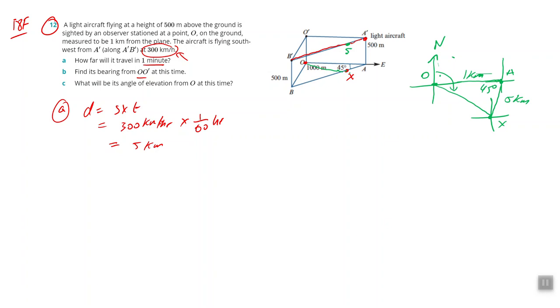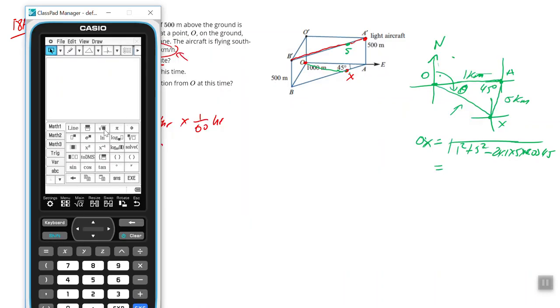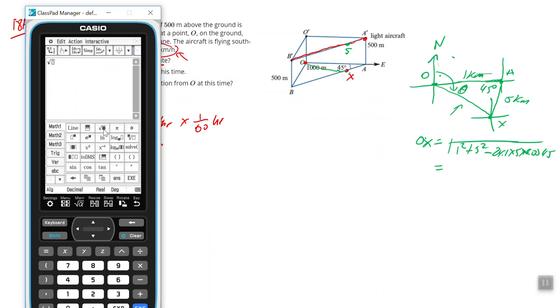In order to calculate theta, I need to use the cosine rule twice, because I first need to figure out the side OX. OX is given by the cosine rule: 1 squared plus 5 squared minus 2 times 1 times 5 times cos of 45. You can cheat and use the geometry tool, but I'm going to use the cosine rule so that people understand how to use it.